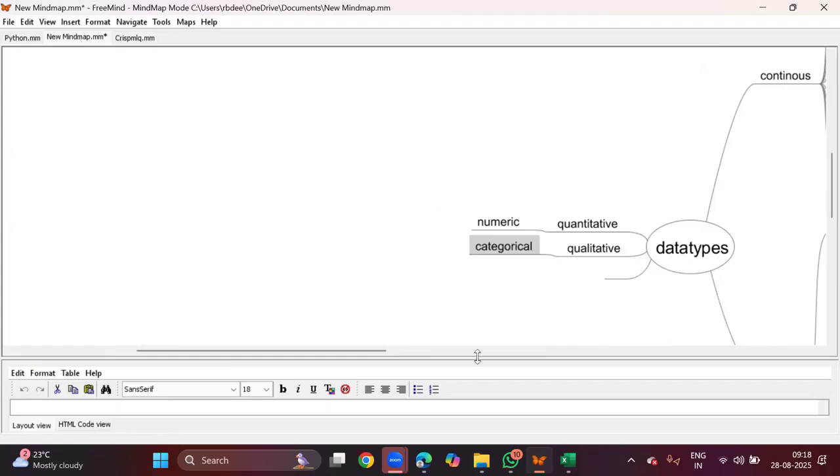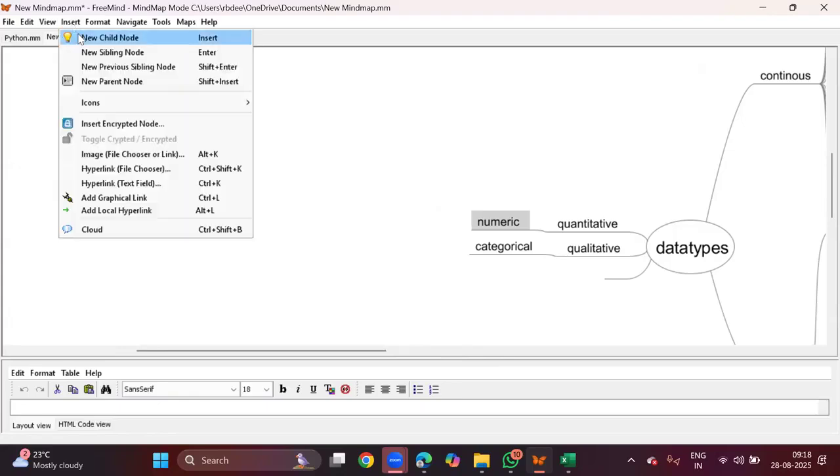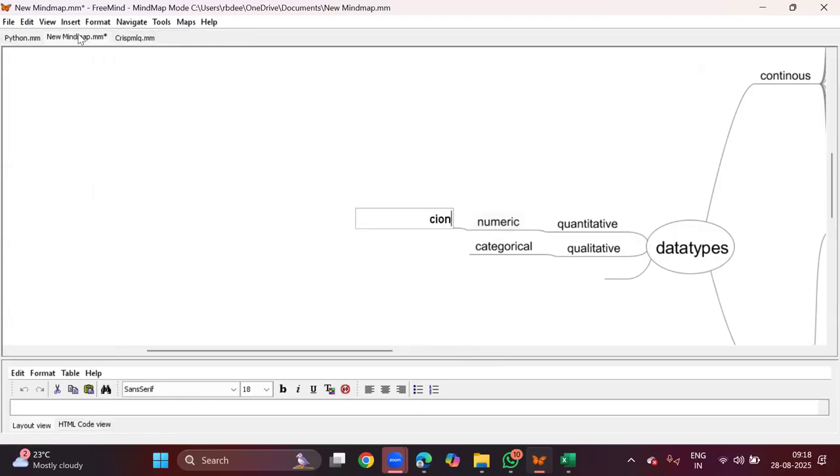Quantitative and qualitative. It's numeric and it is categorical. Numeric means quantity; qualitative, right? Categorical. Categorical means only this one, but numeric means both of these fall here: continuous and count.